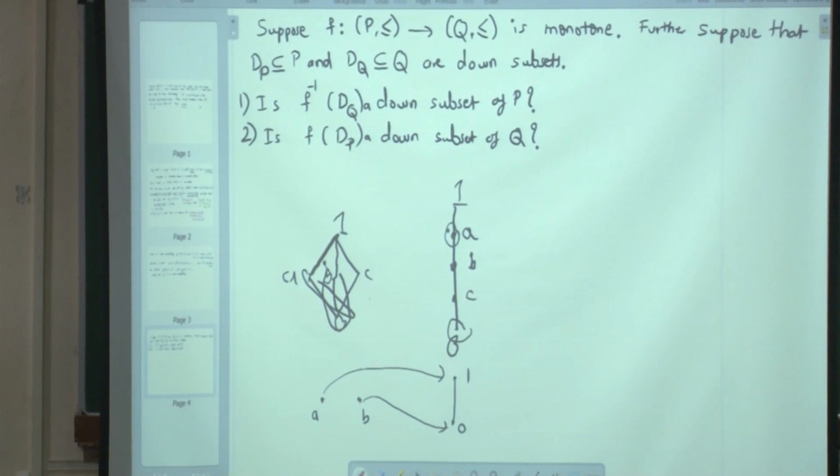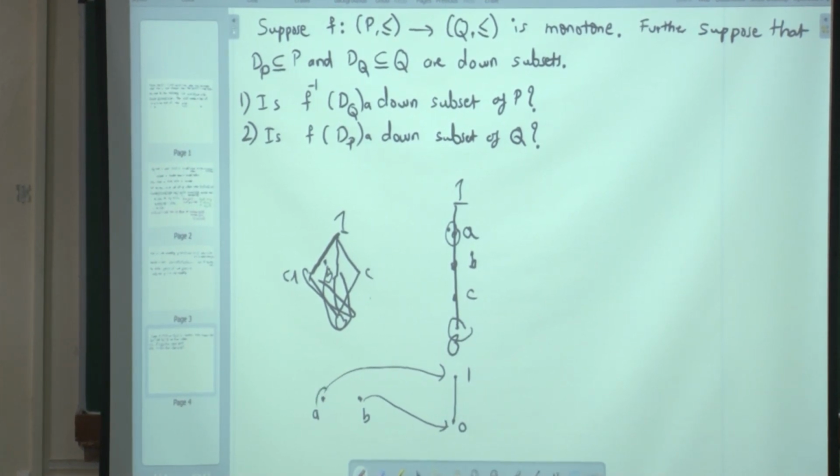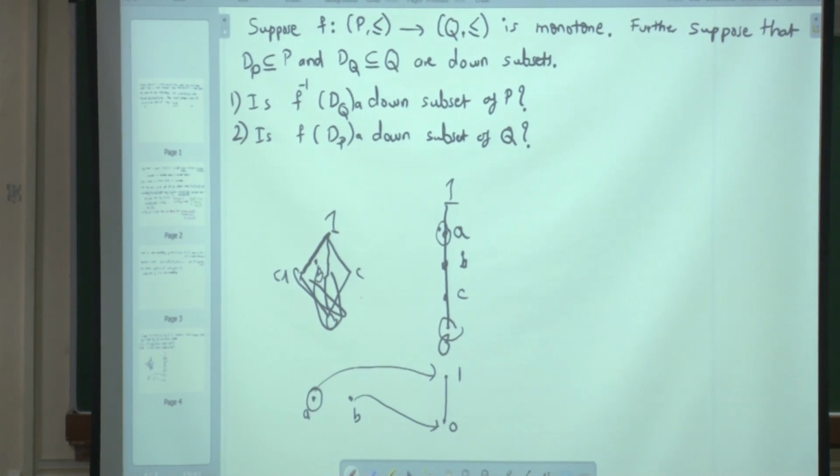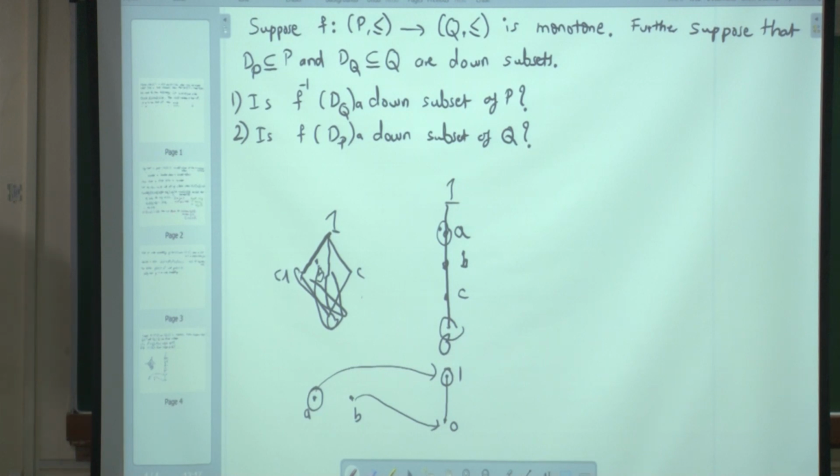Then A is a downset, but its image, the singleton 1, is not a downset because there is something below it. You don't need any fancy examples, you just need a comparison of 2 elements.